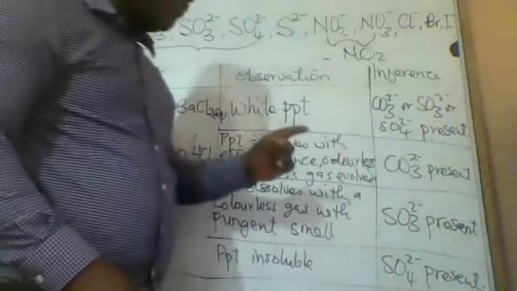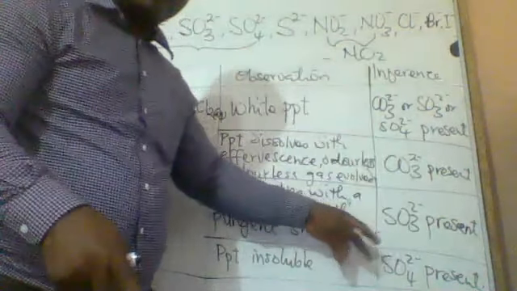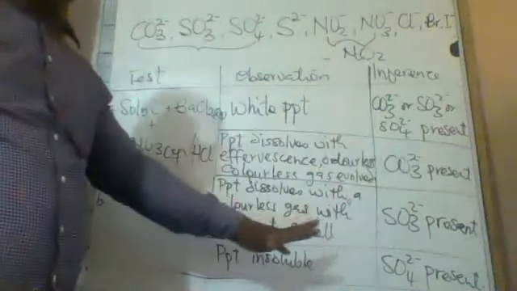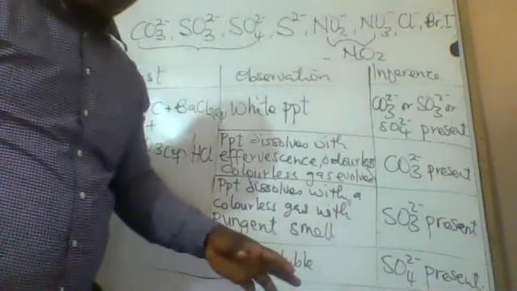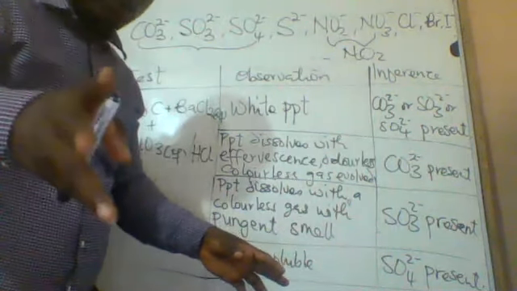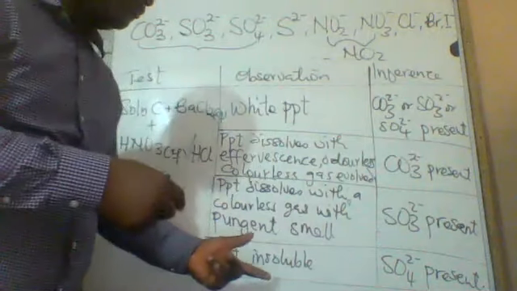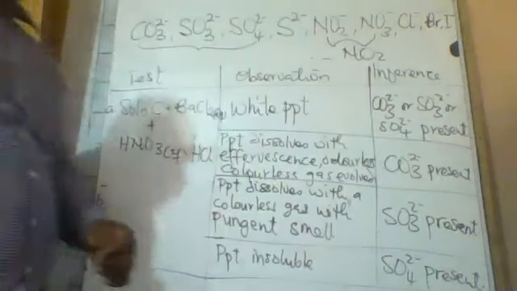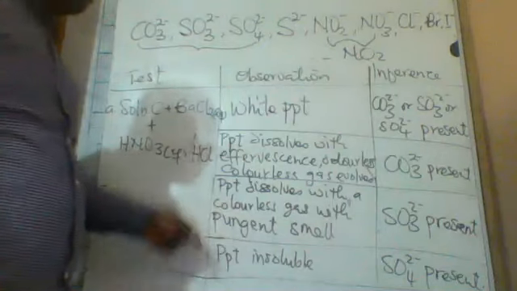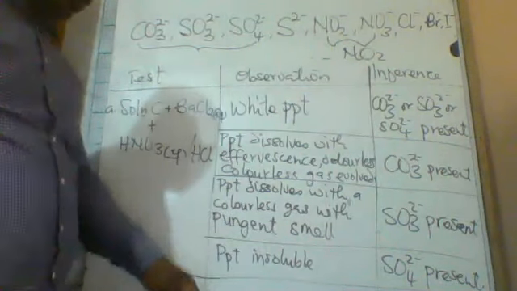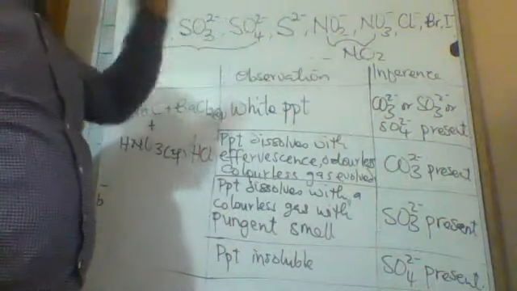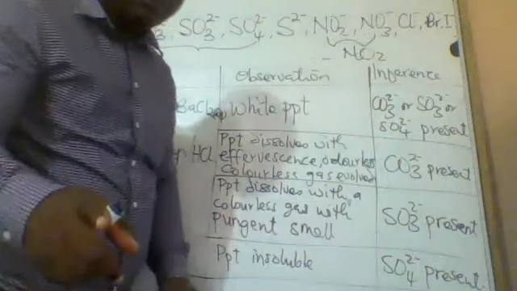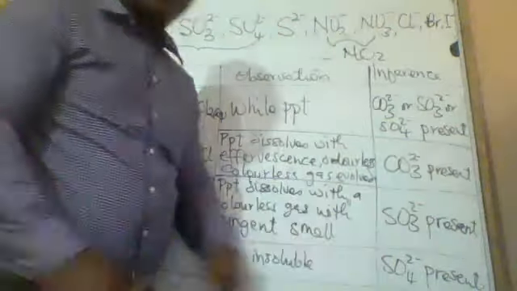But if it is sulfite, the PPT will dissolve, but a colorless gas will be evolved with the pungent smell due to the SO2. We did that one earlier. That means SO3 2 minus is present. But if the PPT did not dissolve, the PPT is insoluble, then it's sulfate. Sulfate doesn't give off a gas. You remember?